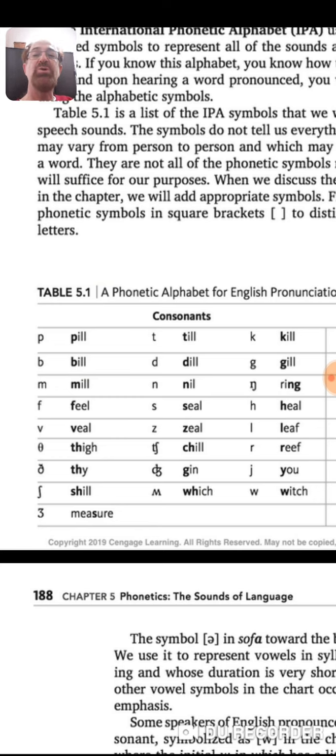So first of all, you say, I am, full name: first name, middle name, last name. For example, I say, I am Muhammad Rida Piroz, and these are the consonants on table 5.1.